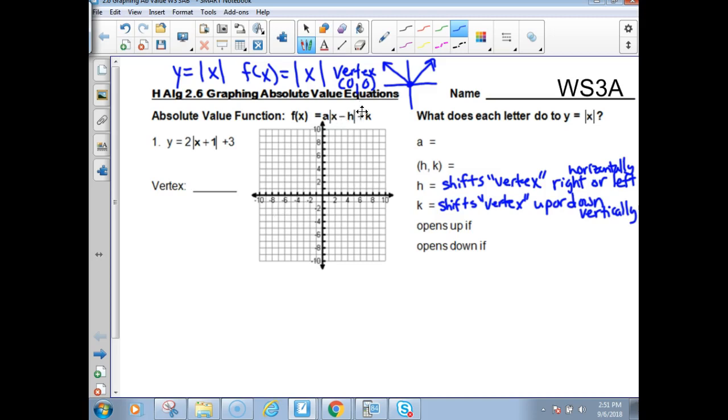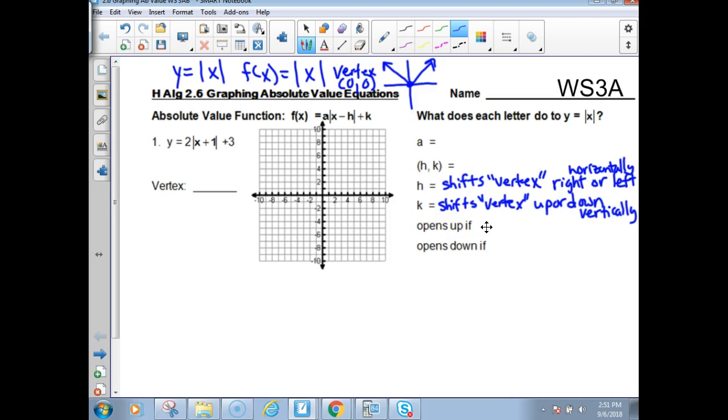All right. k is outside of the absolute value bars, and it's a vertical shift. a is also going to affect the y values, and it's just going to multiply them, so it's going to make them either go up faster or slower. And a also determines whether it opens up or down.